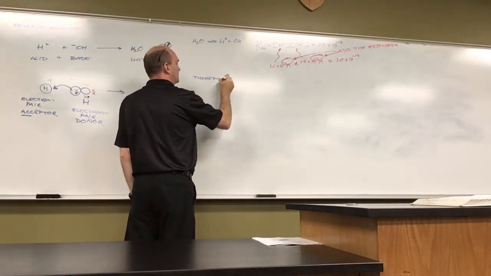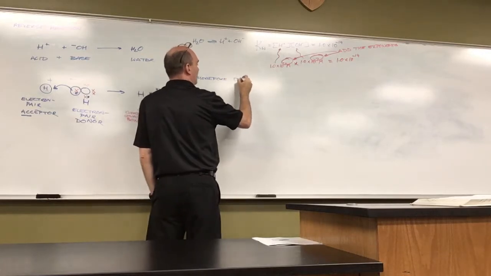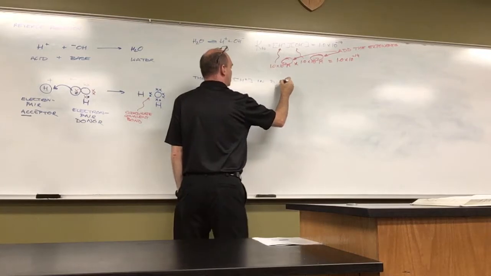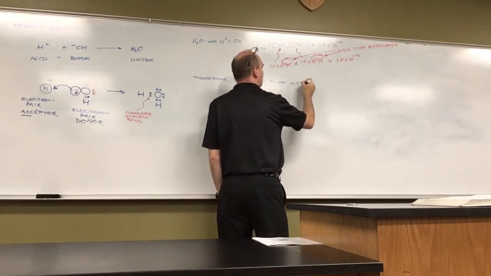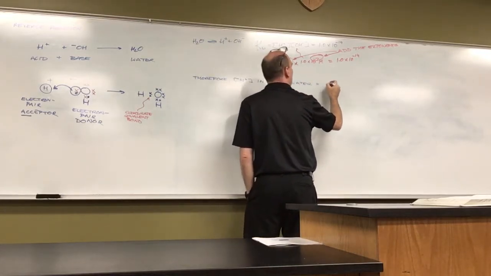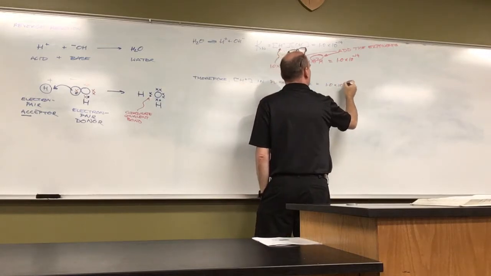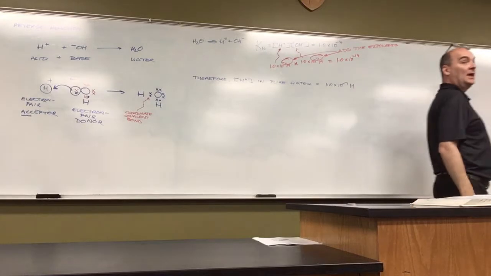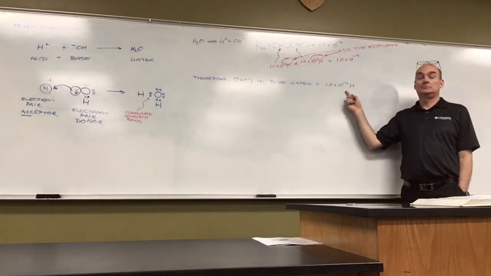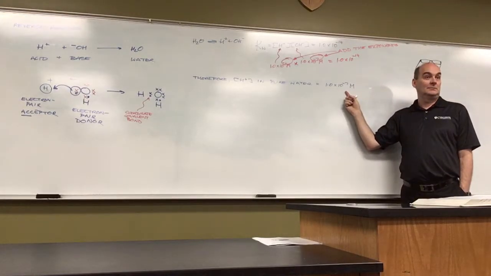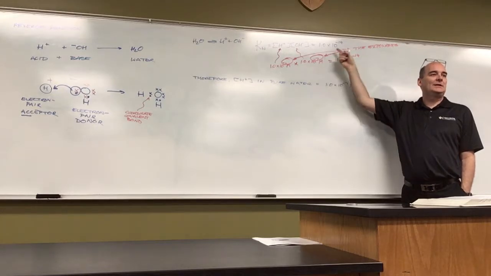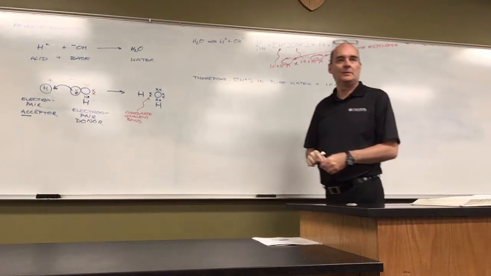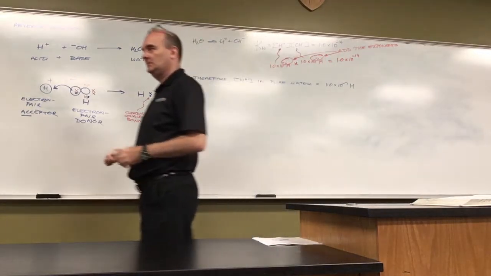Therefore, the H plus concentration in pure water is 1 times 10 to the negative 7 moles per liter. If I know this number, I automatically know the concentration of base, because they must balance.